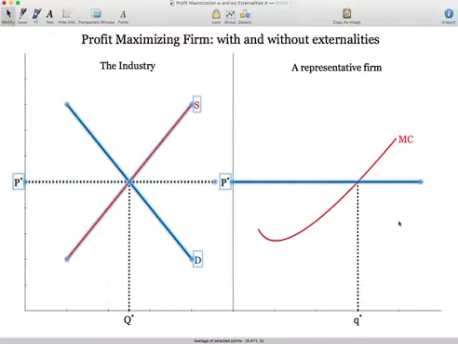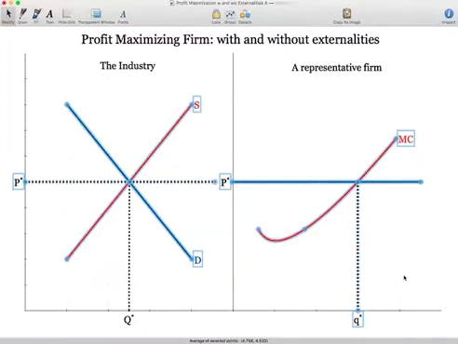So the only decision that a firm in a perfectly competitive marketplace has is what's going to be their level of output, because price is fixed for them. And that occurs where marginal cost is equal to the price. So that is the output level a firm in this marketplace will produce. It's where marginal cost is equal to price, which is also equal to marginal revenue in a perfectly competitive marketplace.